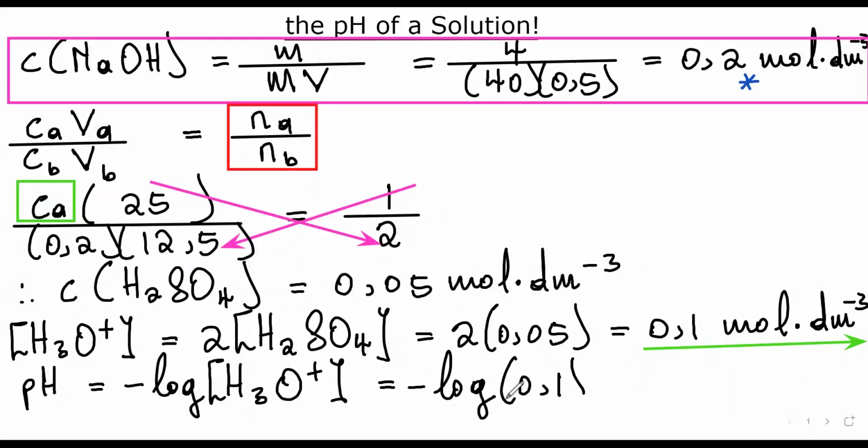So we have the negative log of this, which if you press into your calculator, you get exactly 1. So this is the pH of the solution.